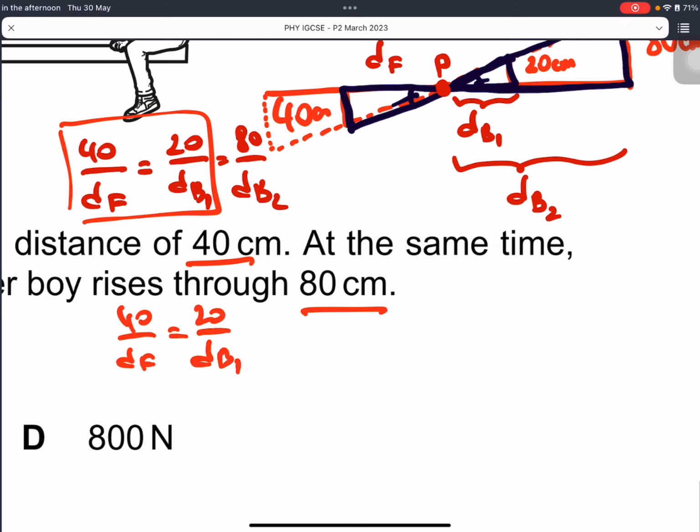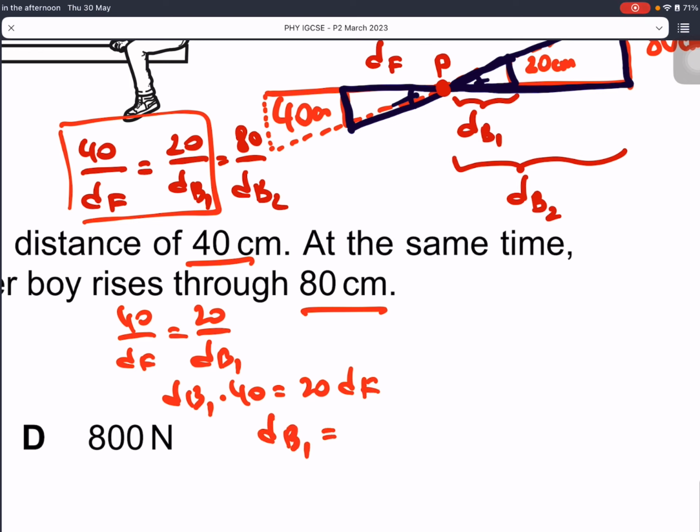Cross multiplying, d boy 1 times 40 equals 20 d father. So d boy 1 equals 20 over 40, which is one half of d father.